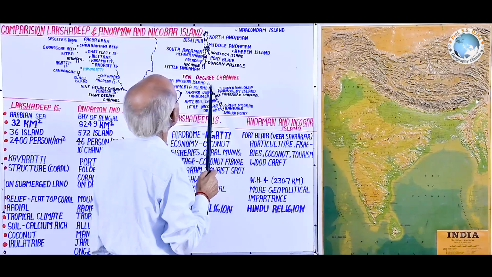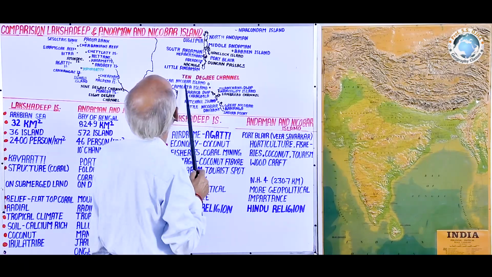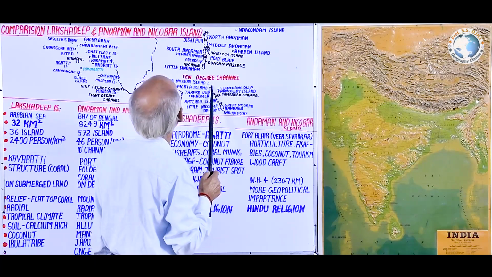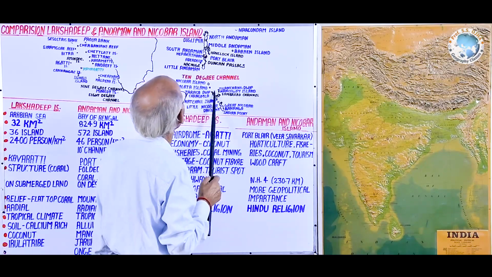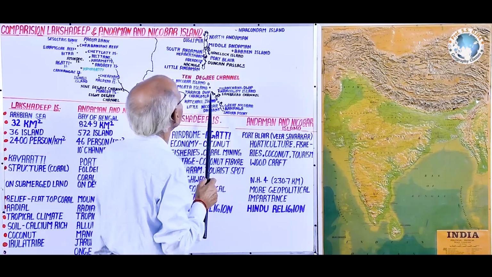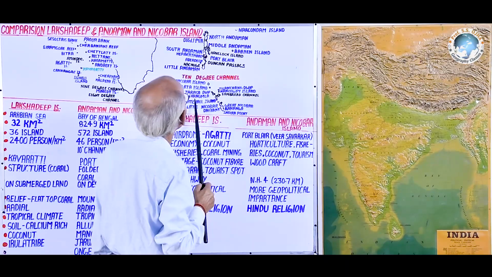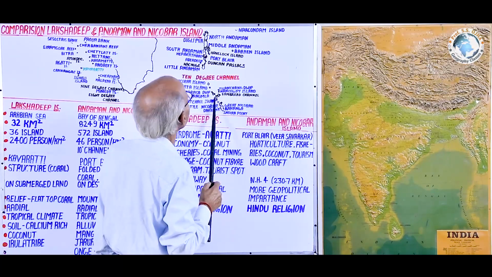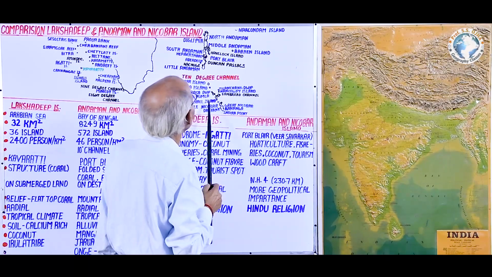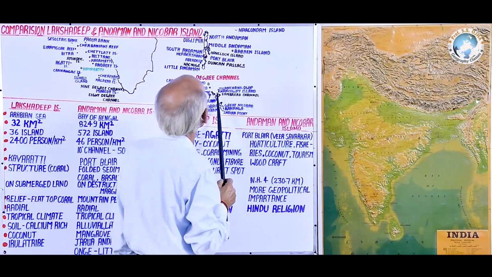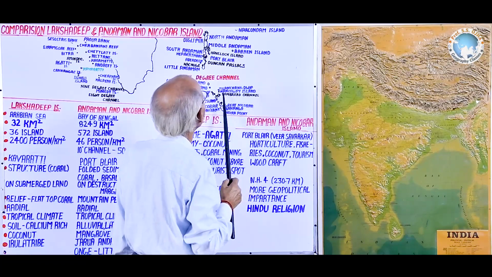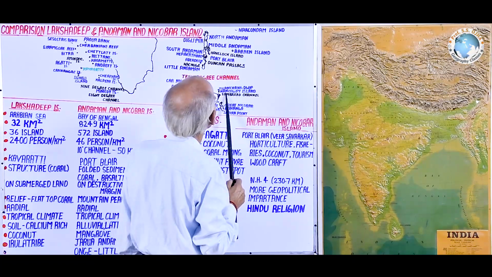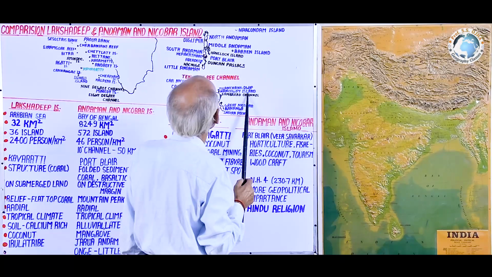From north, if we start, the northernmost island is Car Nicobar Island. To its south is Kamorta Island. To its south is Tarasa Deep, and to its south is Chanumala Island. And to its east there are small islands like Tilangchang Deep, and to its south is Nankauri Island.